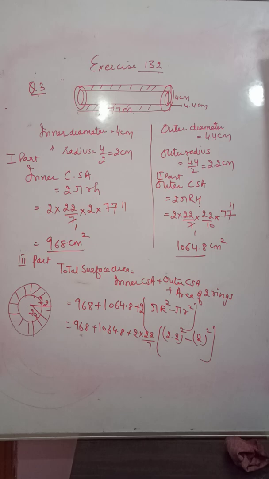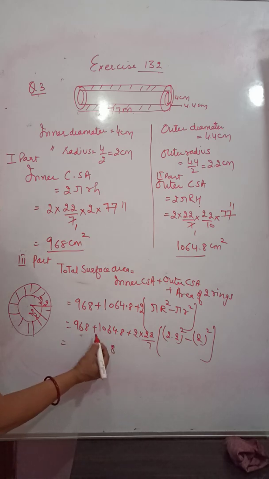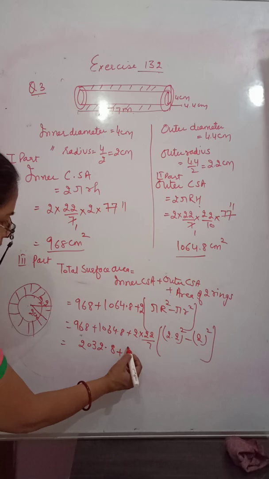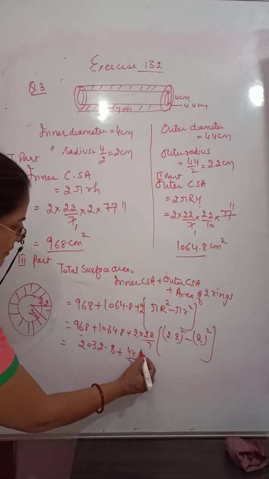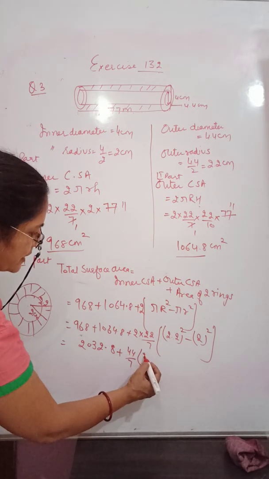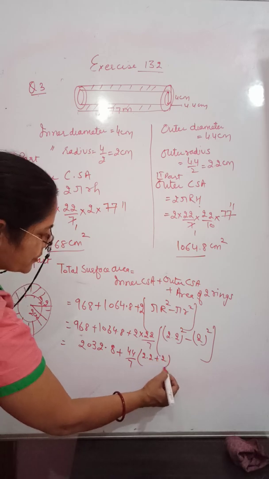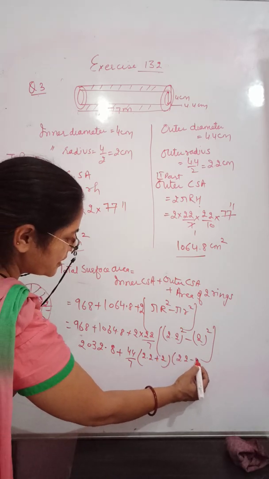And by doing this complete calculation, just look, a plus b, that is 2.2 plus 2, into 2.2 minus 2.